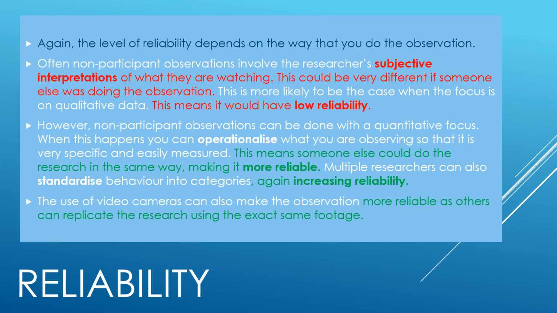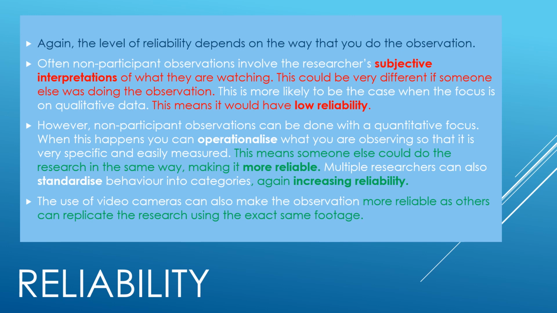Because what you can do then is you can do something called operationalize. It's when you make the categories that you're looking for, the behavior you're looking for, so specific that it's very easy to measure. So for example, you'd sit down with any researcher and you would agree that you're going to look at violence and you're going to note down the number of times that someone punches someone else, which involves a closed fist hitting the other person.